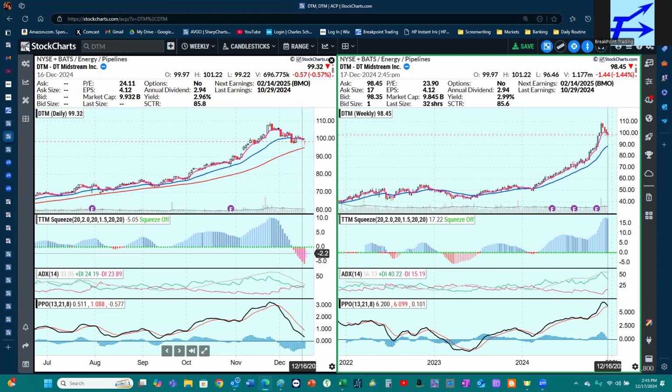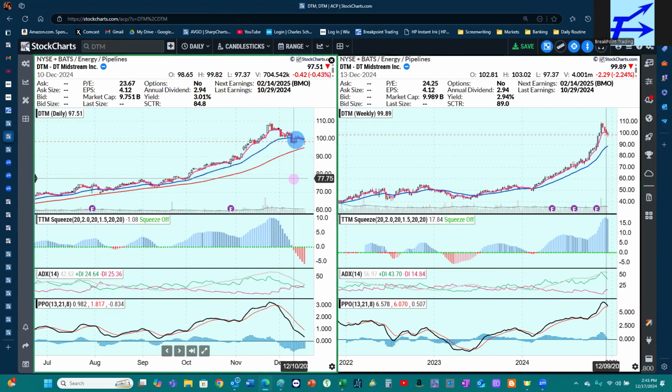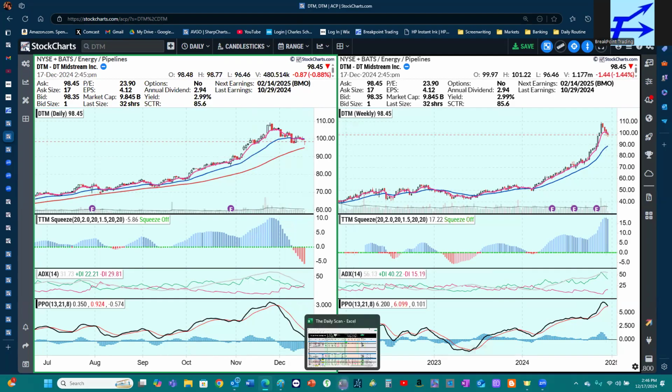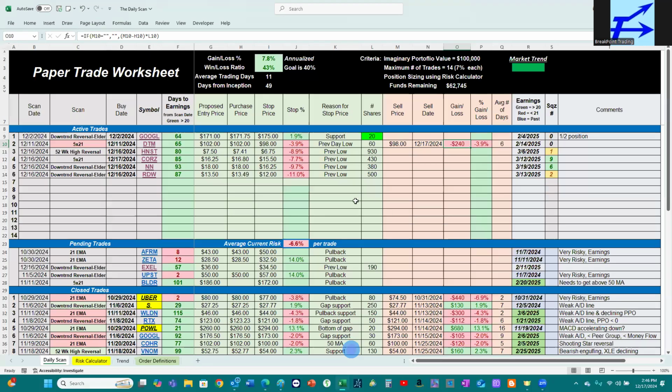So that will be a criteria in the future. This one I should not have gotten in. I got in right there on that candle above the 21-day moving average, but it was starting to head down here on momentum and there was no squeeze. So that's something that we will not do in the future. That's the point of all this, to learn things to do and not do to try to improve.